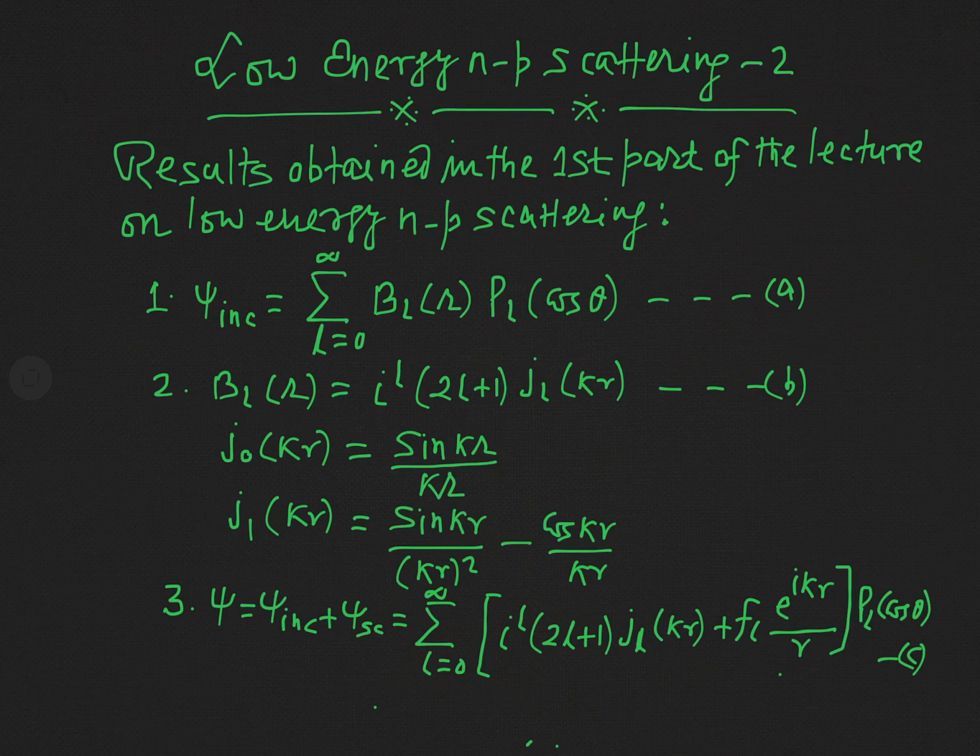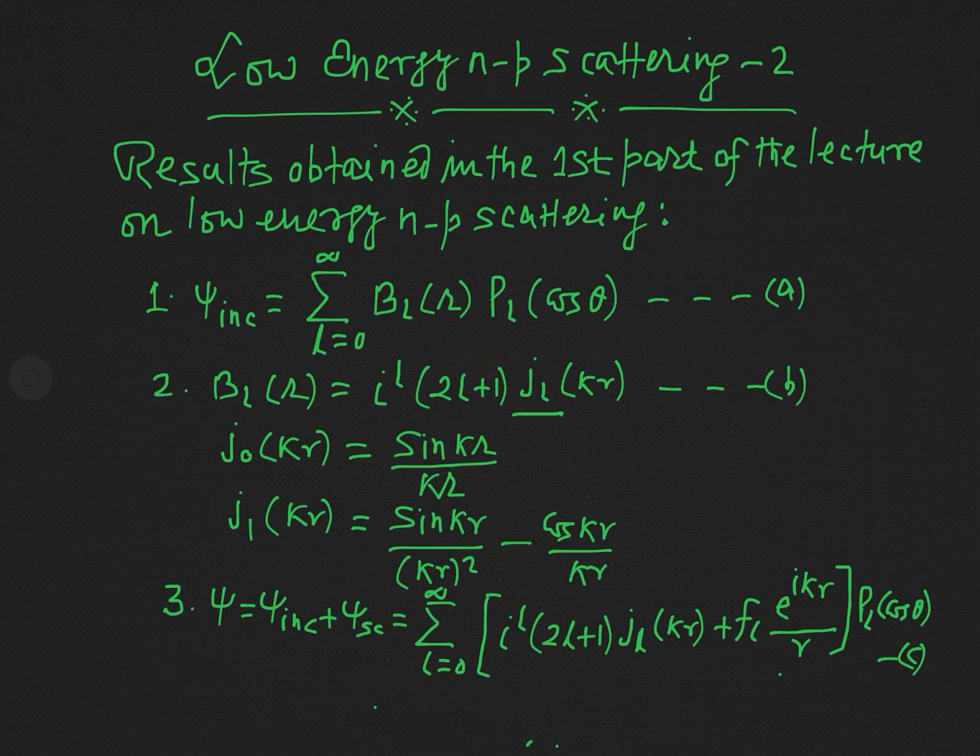This is defined as i to the power L into 2L plus 1 JL of KR. And in this relation, what is this JL of KR? You know this is in fact a spherical Bessel function. I have also calculated some of the important values of this JL of KR.